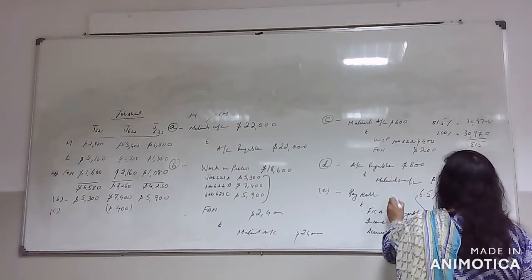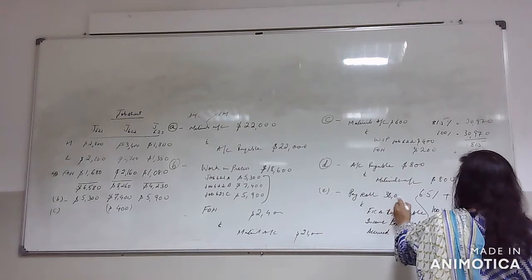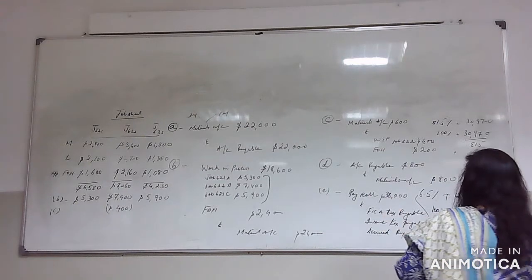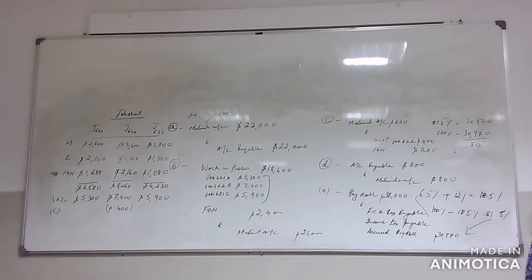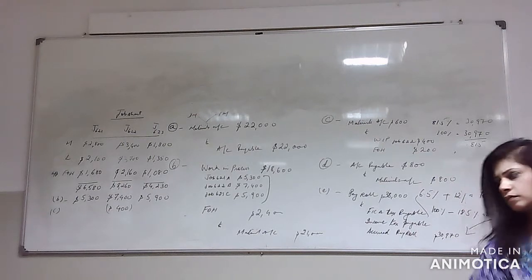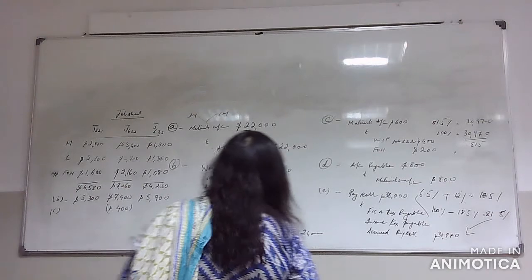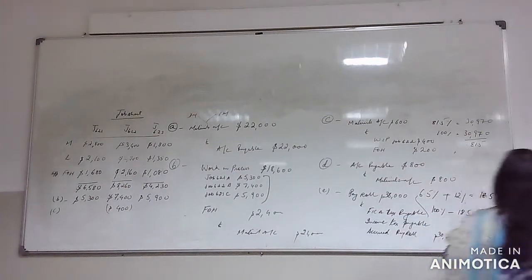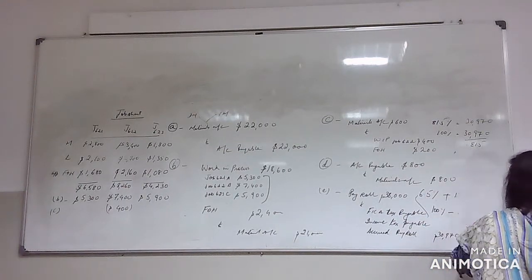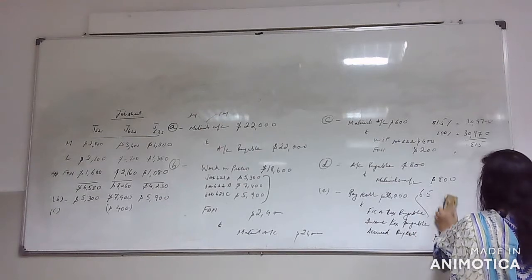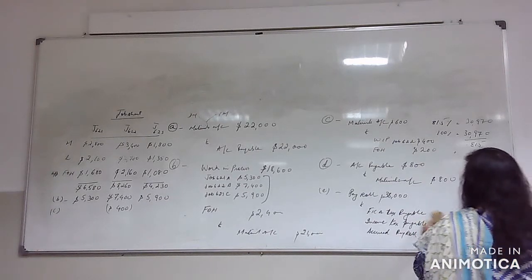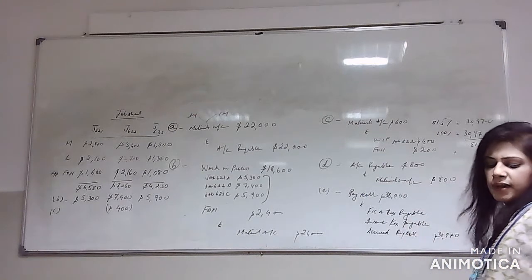So now this 38,000 will be here. I'm going to drop this working off. Now it's very easy for you to calculate the rest.